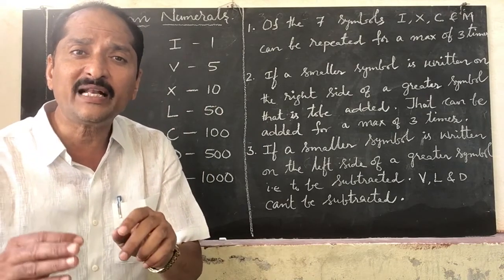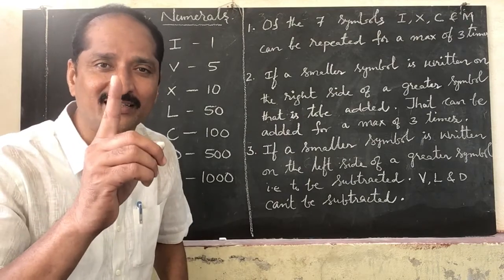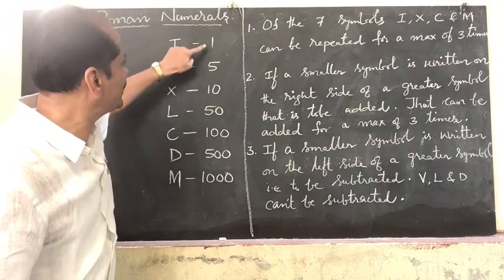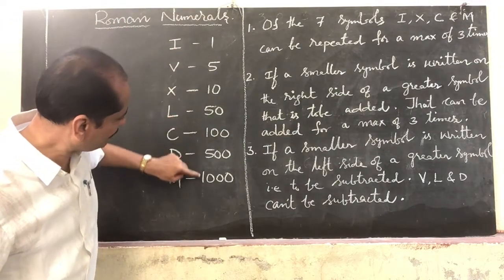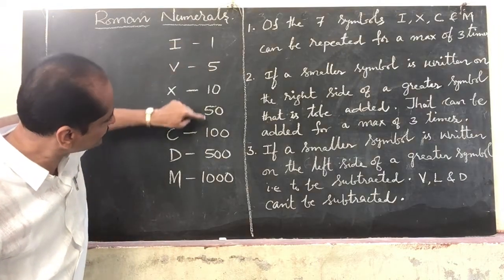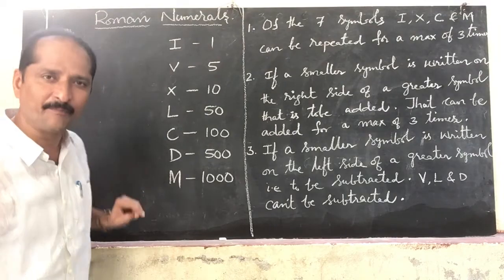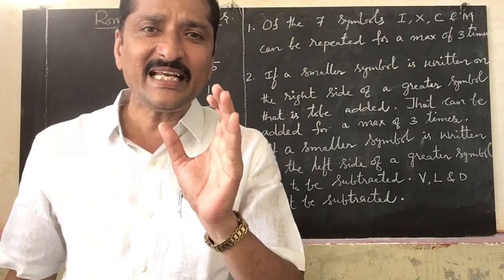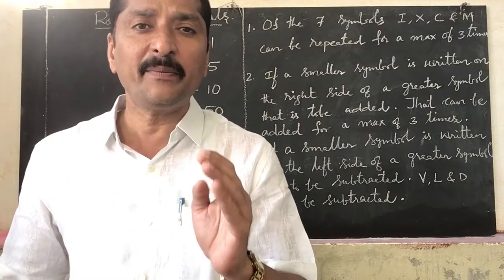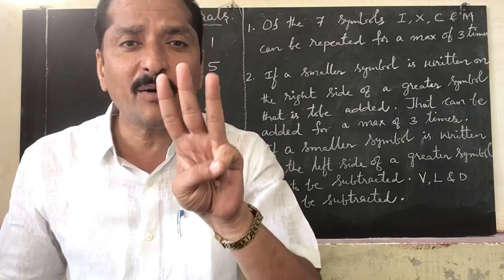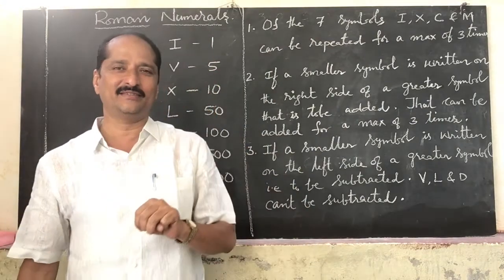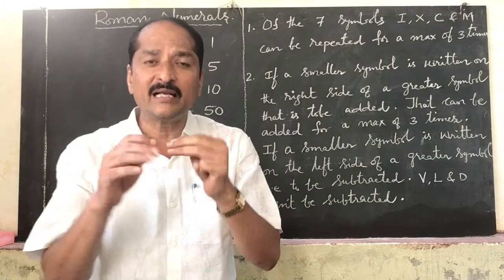In Hindu Arabic numbers, they start with 1. 1, 10, 100, 1000. So which numbers are starting with 1? That means I, X, C, M. In Roman numbers, I, X, C, M can be repeated a maximum of 3 times. Only these numbers can be repeated.